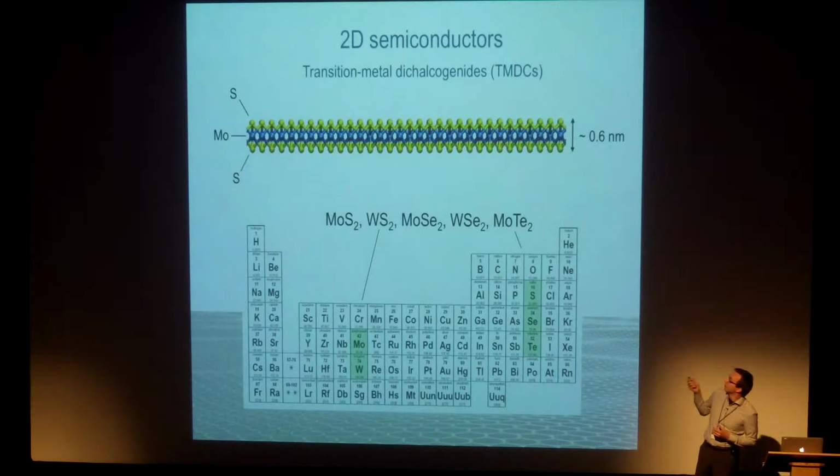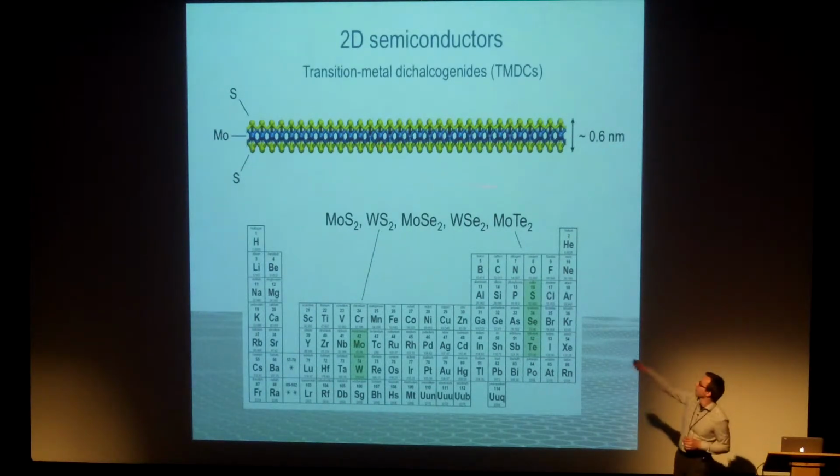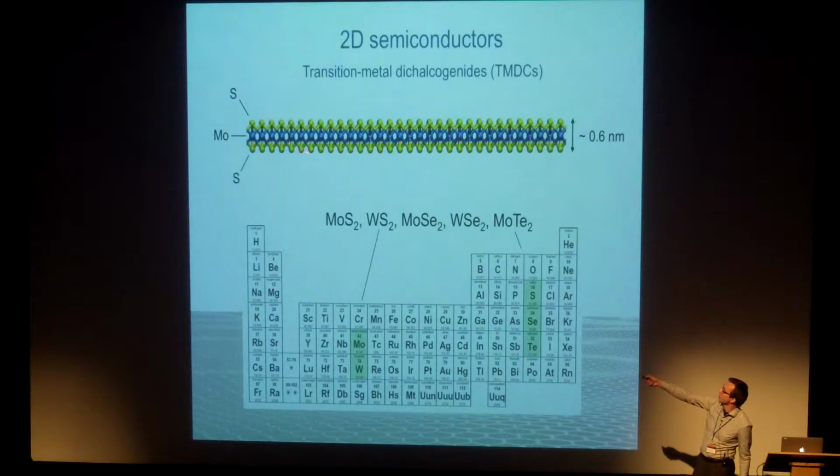Today, I will talk about the semiconducting family of these materials, the so-called transition metal dichalcogenides. If we look at these layers from the side, there are the metal atoms in the middle, which are usually molybdenum and tungsten, surrounded by two chalcogen atoms: sulfur, selenium, or tellurium. So the thickness of this layer is nominally on the order of 0.6 nanometers, and they can be produced in a variety of ways.